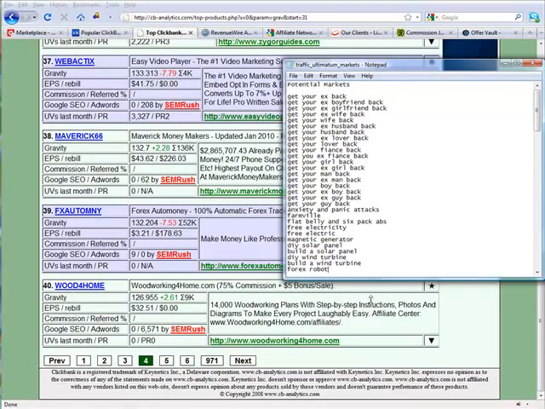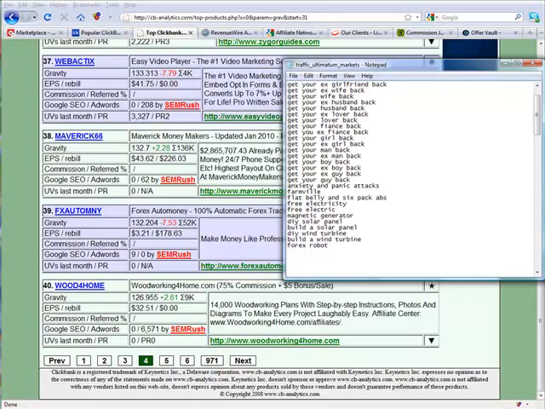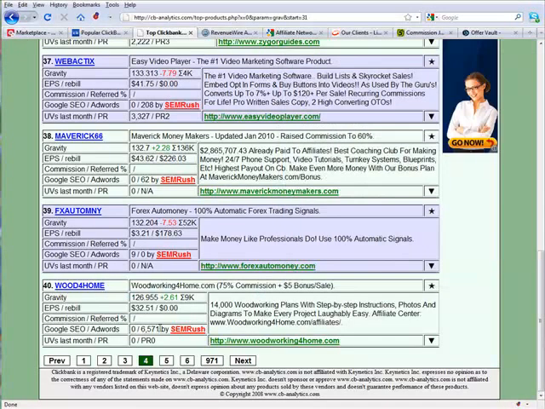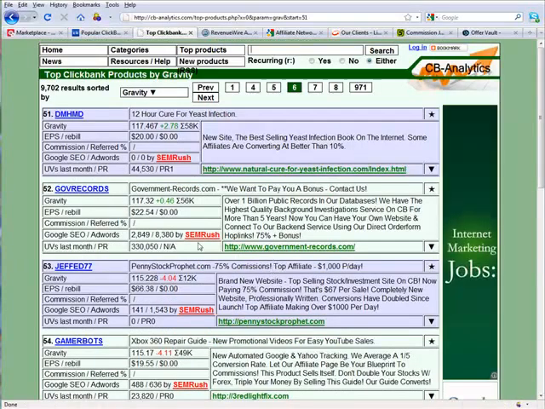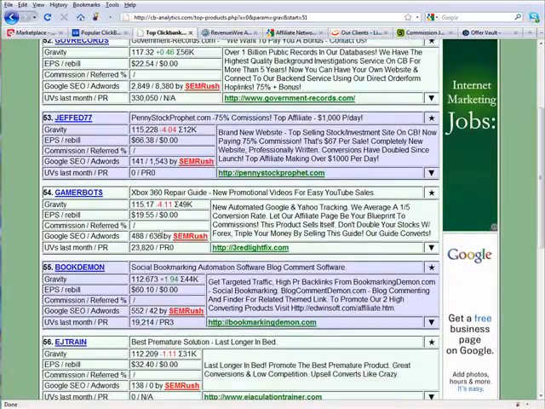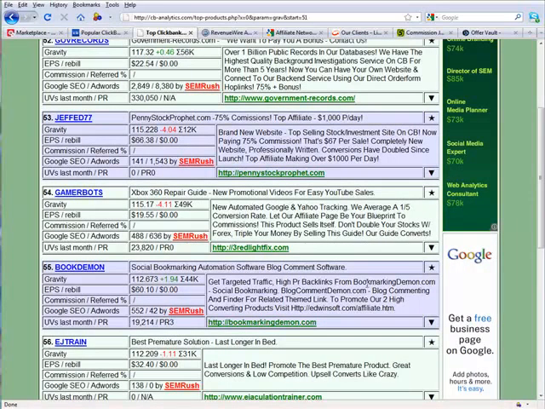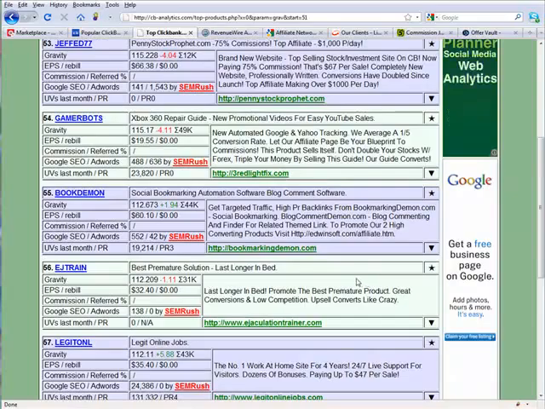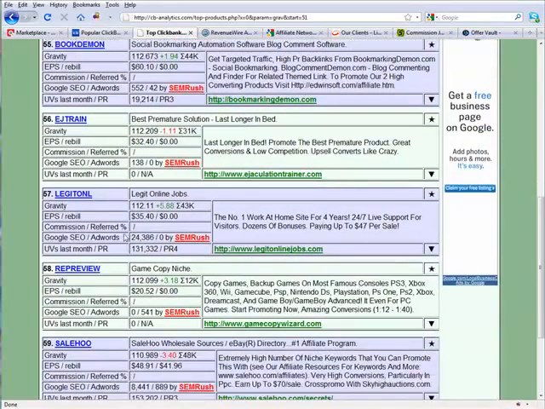So woodworking is a potential market then. Let's see what else we have. Okay, Xbox 360 repair guide. Legit online jobs, game copy niche, copy games, backup games. That's still above 100.